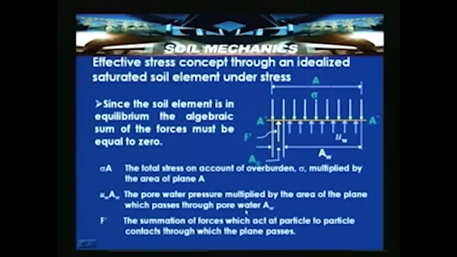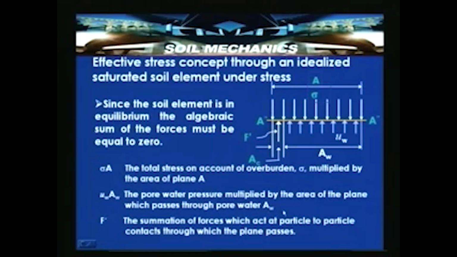Sigma A is the total stress on account of overburden multiplied by the area of the plane A. That is the one force which is acting downwards, and UW is the pore water pressure multiplied by the area of the plane which passes through pore water, AW.